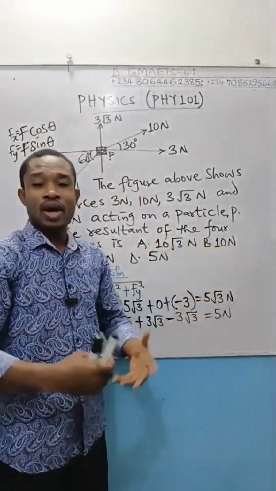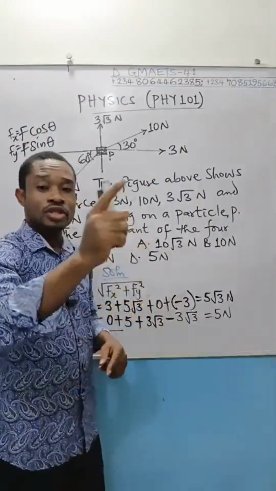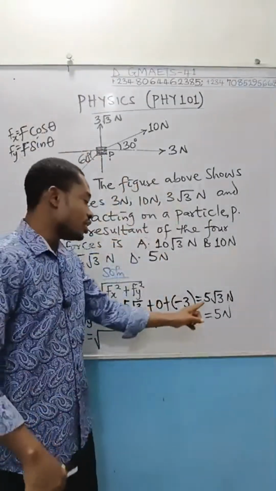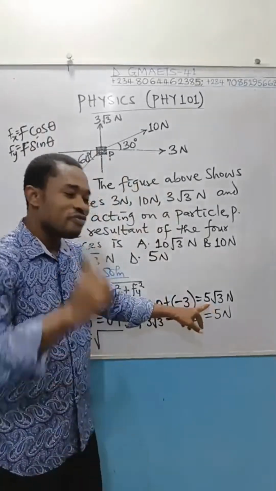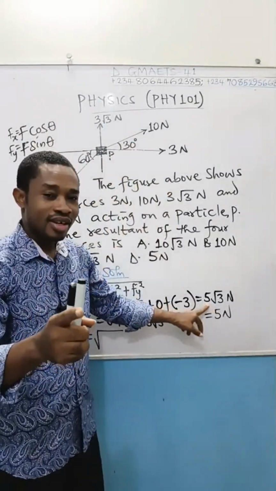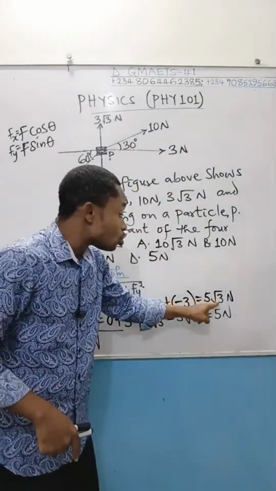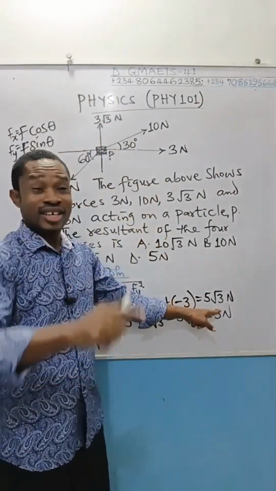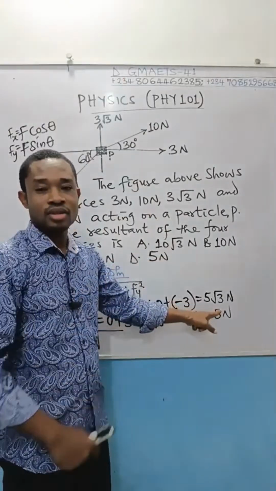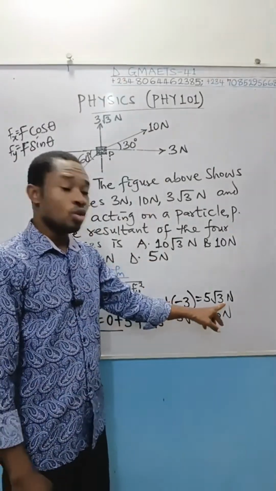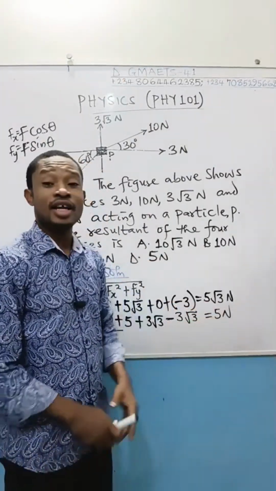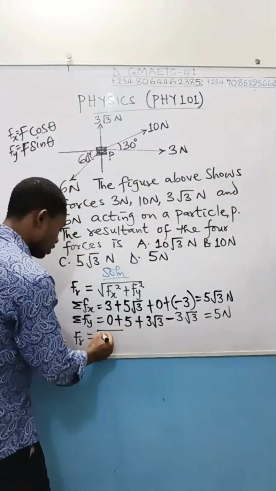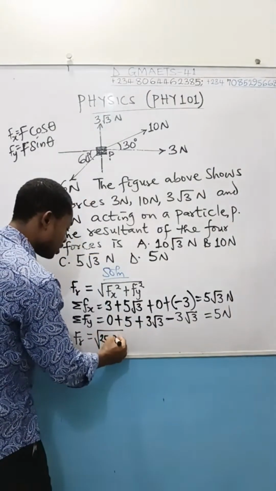Apply your power law of indices. 5 times root 3, all raised to power 2, the power 2 will distribute to each of them. So it's going to be 5 squared, which is 25, times root 3 squared. If you have square root of 3 and you square it, that square will cancel that square root. So the 3 will be left. This is simply 25 times 3. In fact, let me write it out here. 25 times 3.